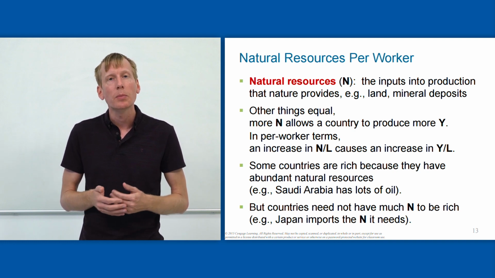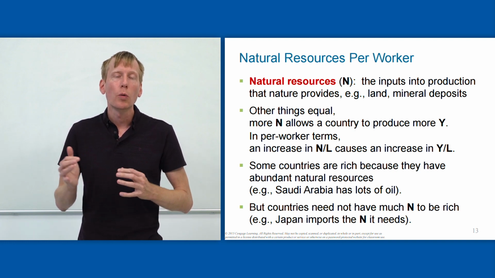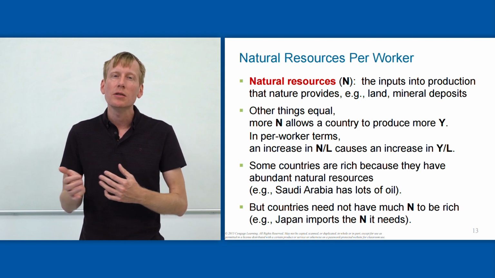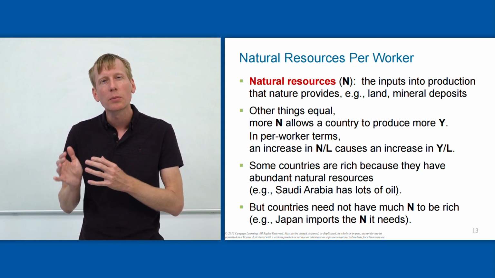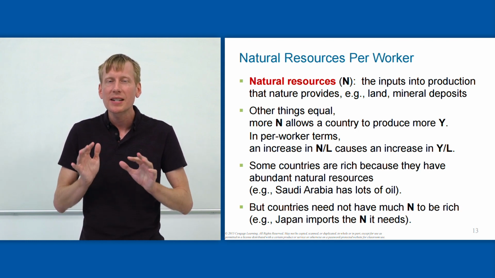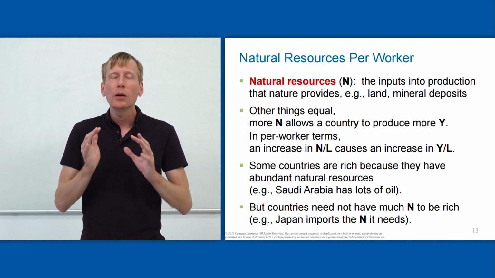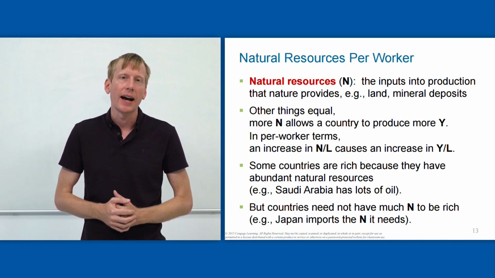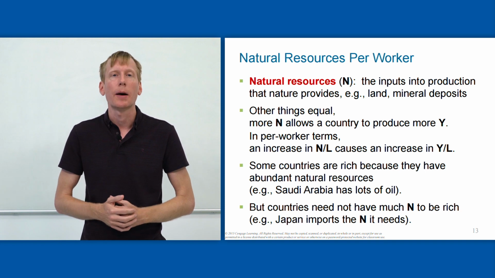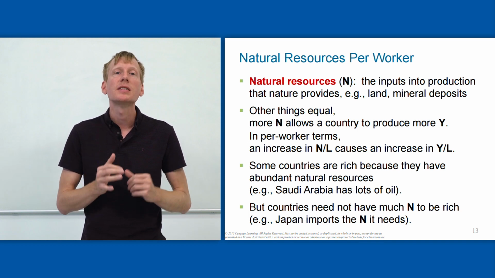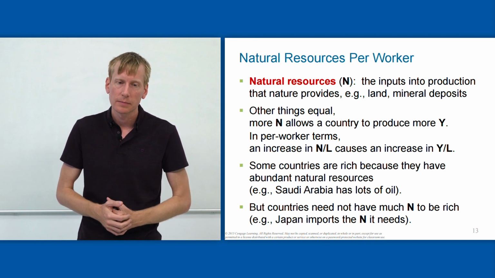Countries like Japan and Singapore, with our current global economy, are able to get these resources from other countries, so they're able to produce even though they don't have them. But still, if they had them, they would be even better off than they are now, where they have a lot of human capital per worker and a lot of physical capital per worker.